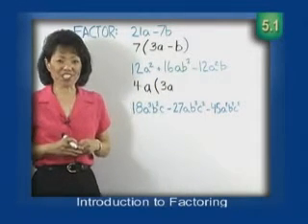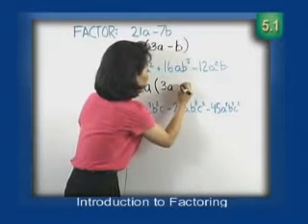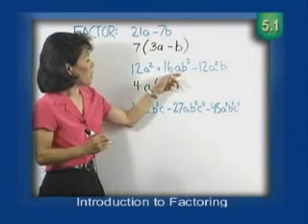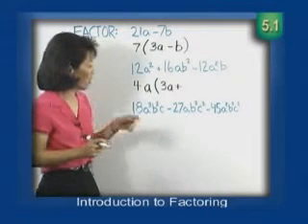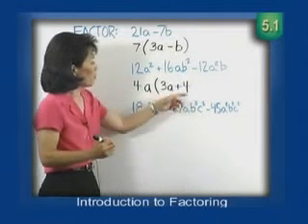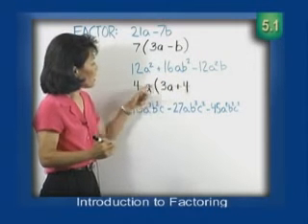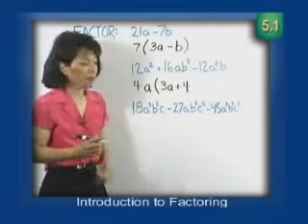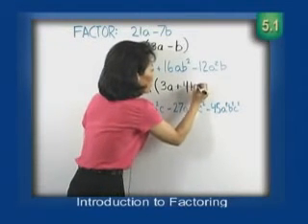So far, so good. Let's continue. 4a times what gives me 16ab squared? Well, we know that 4 times 4 is 16. That takes care of the numerical portion. I've got the a that I need, but what I'm lacking is this b squared. So I'll put that b squared on the inside.